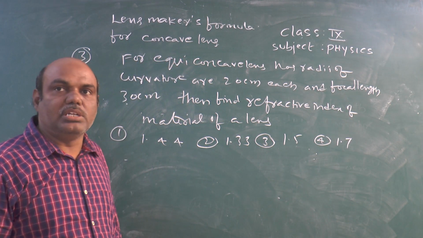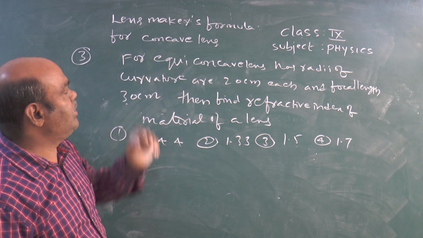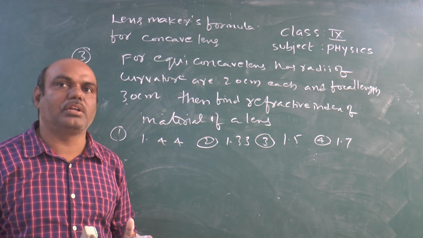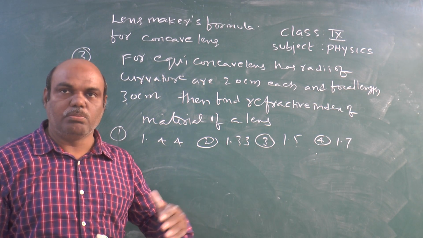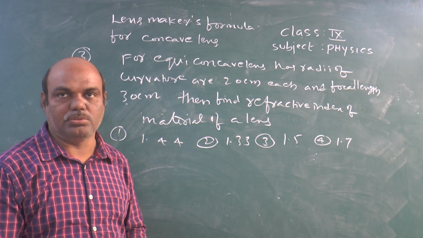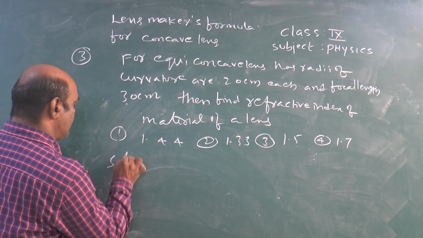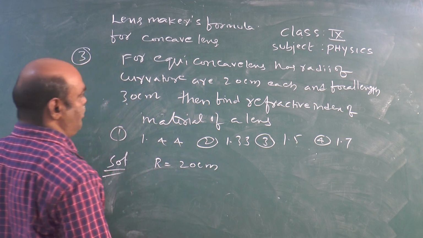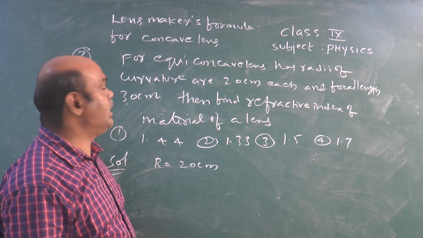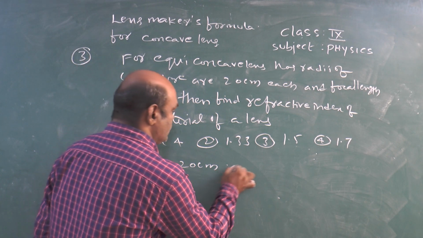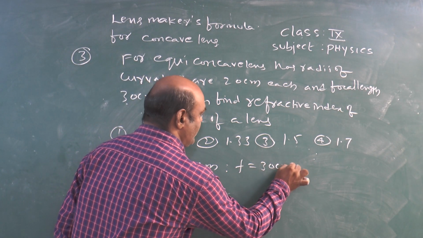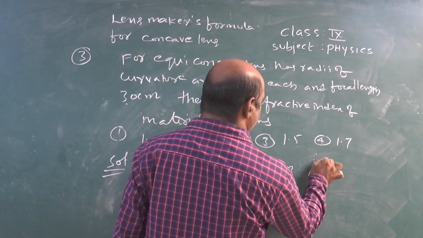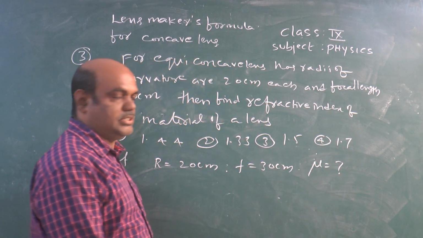Okay, so in this problem, equiconcave lens means the radii of curvature R1 and R2 both have equal magnitude. So simply we are taking here that R value is 20 centimeter and focal length is 30 centimeter. So focal length, that is F equal to 30 centimeter. Then find refractive index, mu equal to question mark.